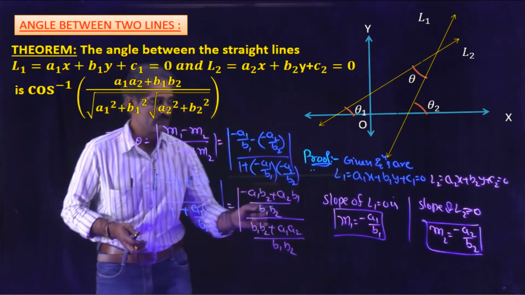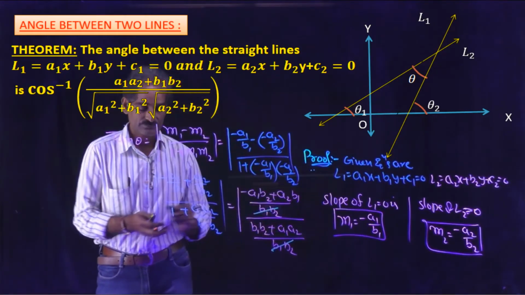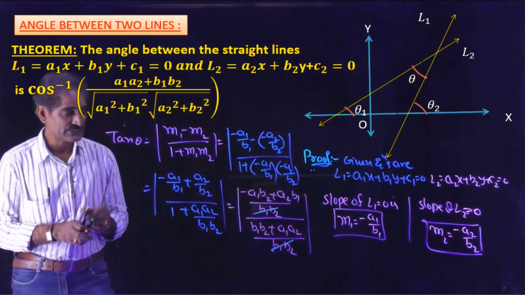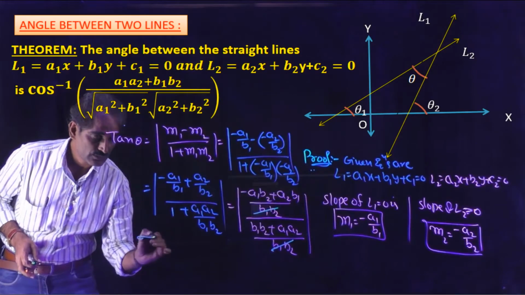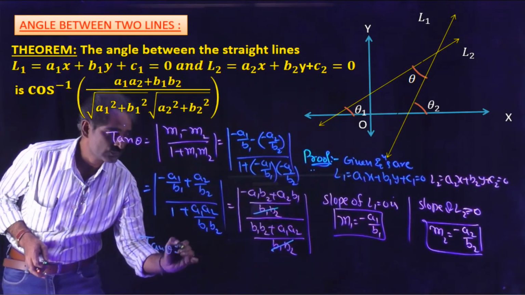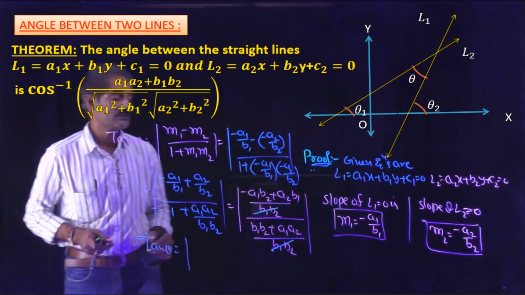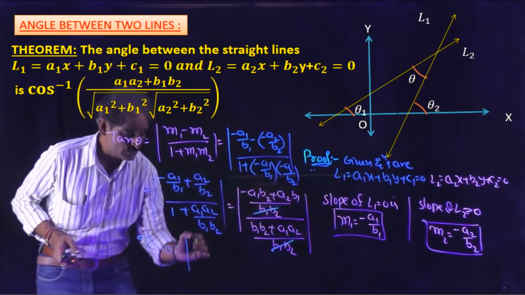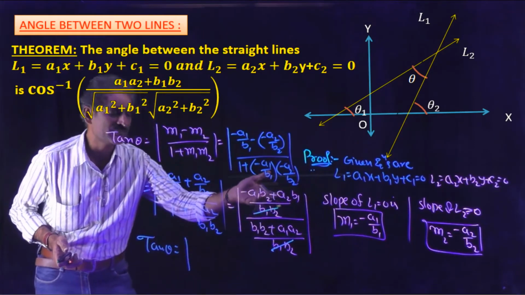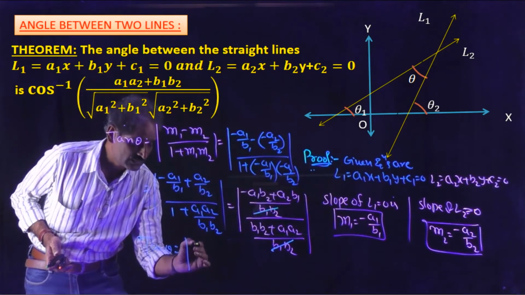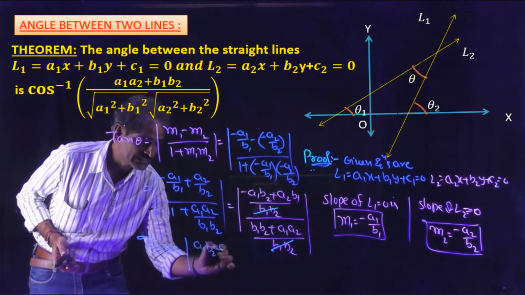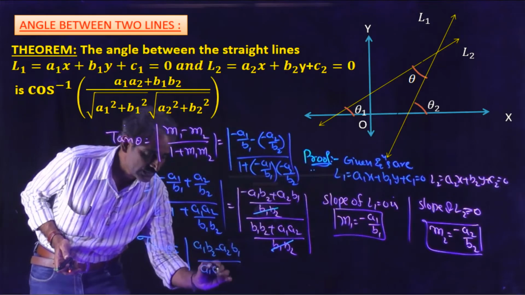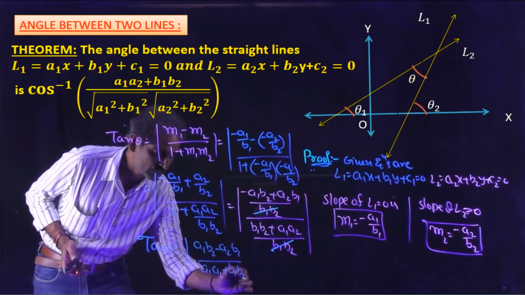Here b1 b2 will get cancelled. So tan theta is equal to modulus of minus a1 b2 plus a2 b1, take minus common also. Simply you can write a1 b2 minus a2 b1 by a1 a2 plus b1 b2.